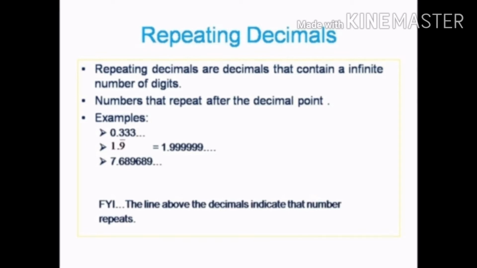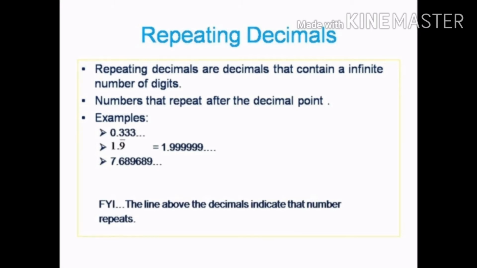So that is why we call it repeating. And the next example, 7.689689, and it goes on continuously. So here we can write this as 7.689 bar. This bar is only over 689 because it is repeating. That is why.